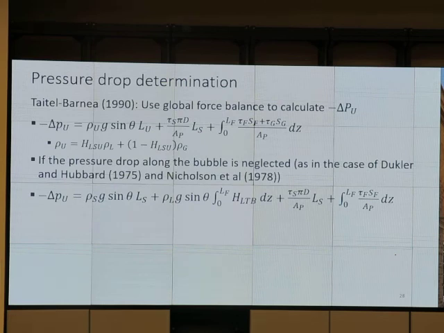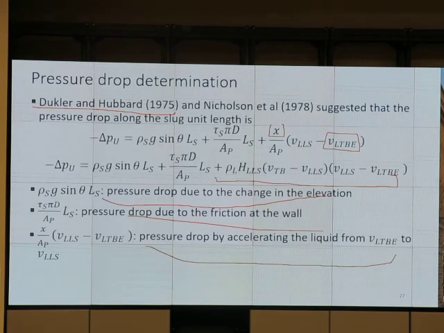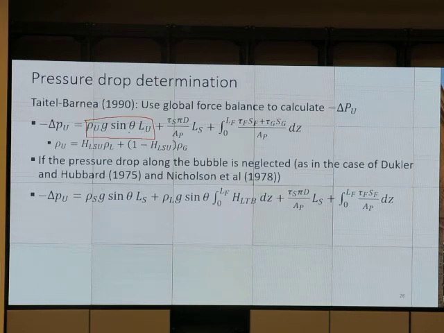So Taitel-Barnea use this global force balance, rho_U g sin theta L_U, instead of rho_S g sin theta L_S. So they consider everything that has mass if you have gravitational pressure loss. Friction in the film zone, friction in the slug body zone, L_S, multiplied by that. And this is the friction in the film zone.